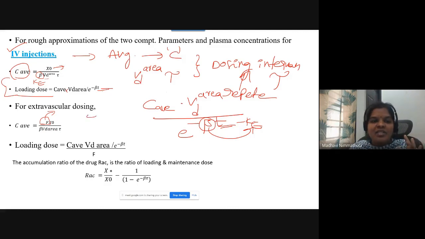The only difference is that here we have a capital F. Why? Because here we are taking our drug through the oral route.